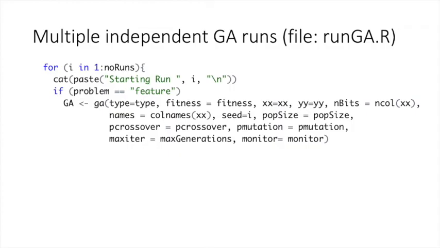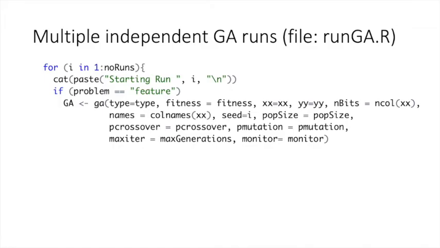And then if we are running the feature selection problem, there's a call to the small GA function, the GA written in small letters, and the results of this call are stored in a variable also called GA but in capital letters. Notice all the various settings that we did in the last slide. We are now passing them on to the function call to the GA.